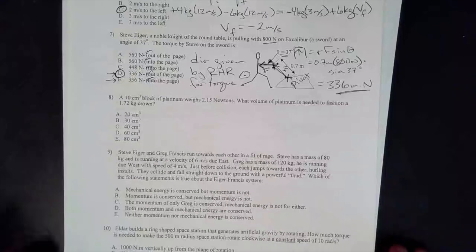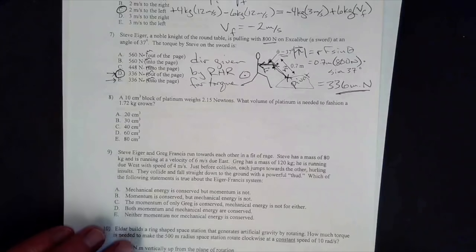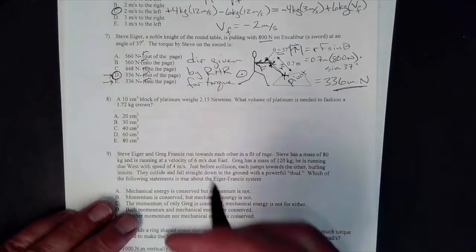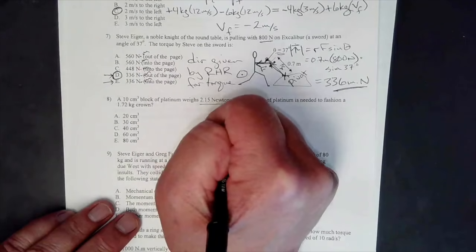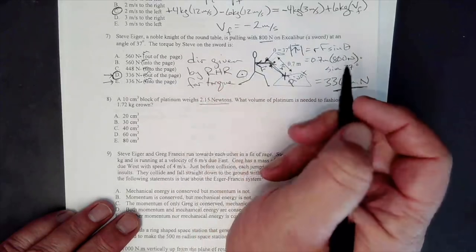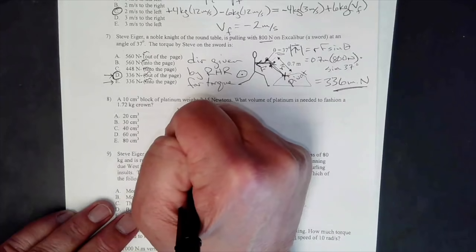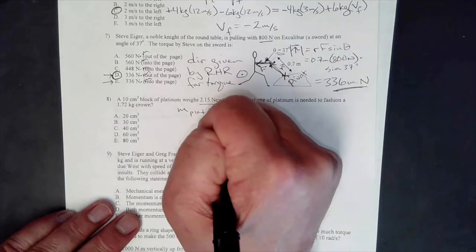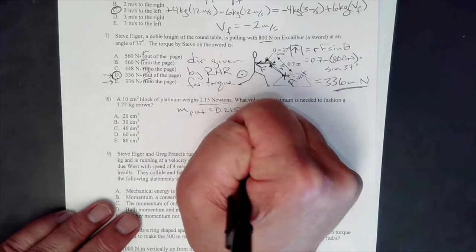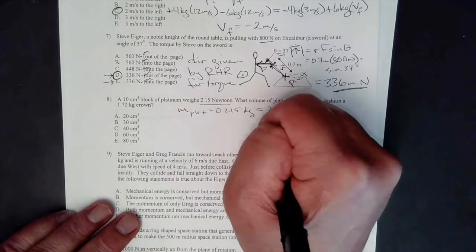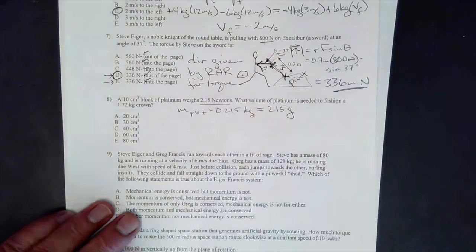we have a block of platinum that weighs 2.15 newtons. Now, you figured out that if it weighs this many newtons, you divide by 10. That means the mass of the platinum is going to be 0.215 kilograms. I just divided by 10. And I can also write that as 215 grams because there's 1,000 grams in a kilogram.